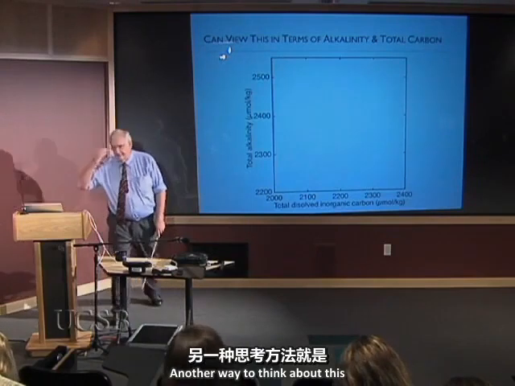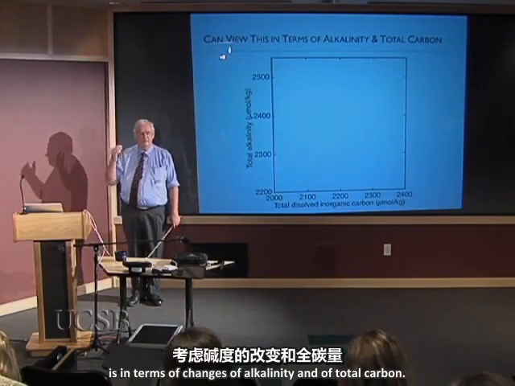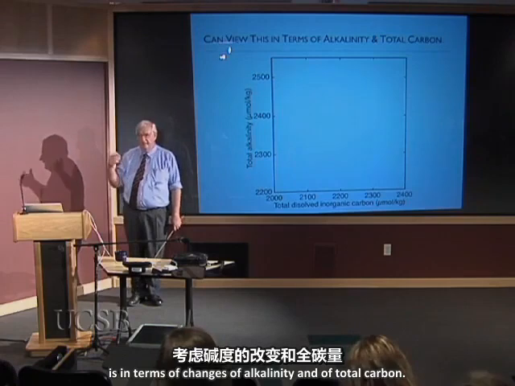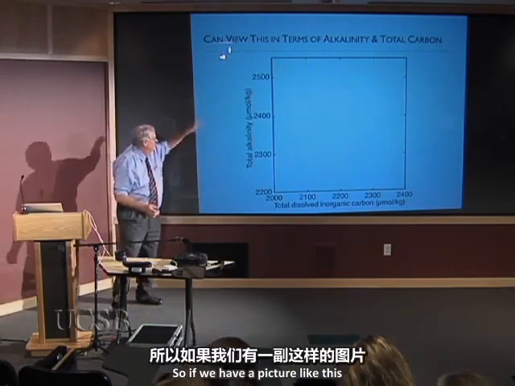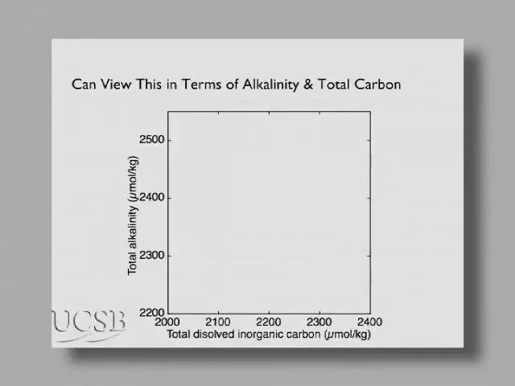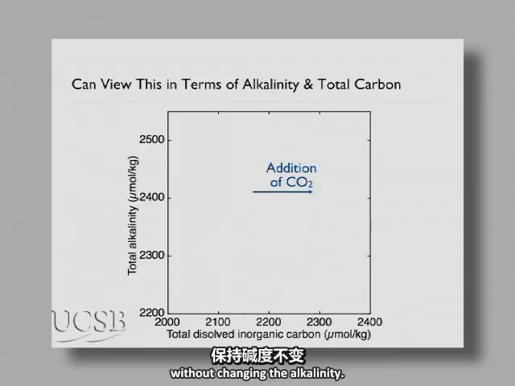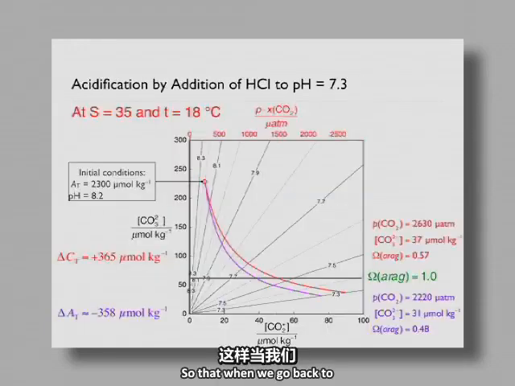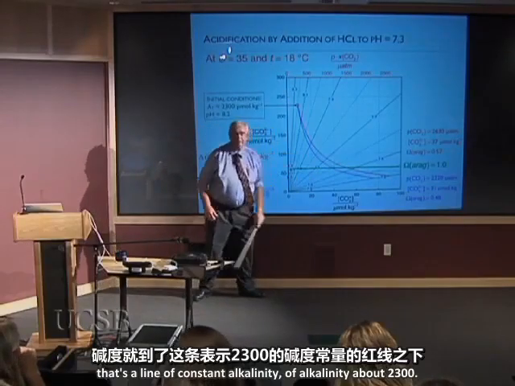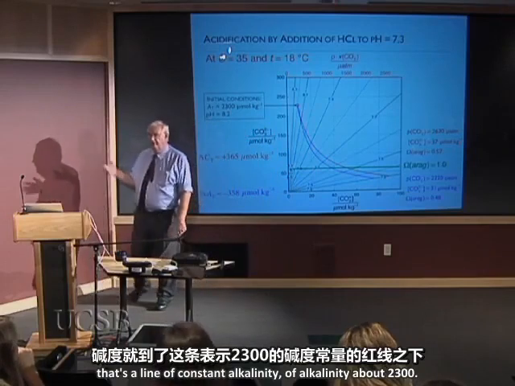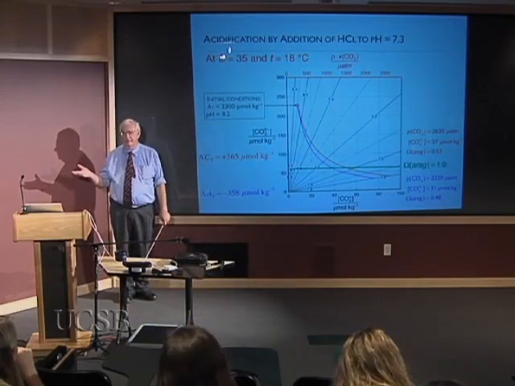Another way to think about this is in terms of changes of alkalinity and of total carbon. So if we have a picture like this, adding CO2 essentially changes total carbon without changing the alkalinity. So that when we go back to this picture, coming down this red line, that's a line of constant alkalinity, about 2300.